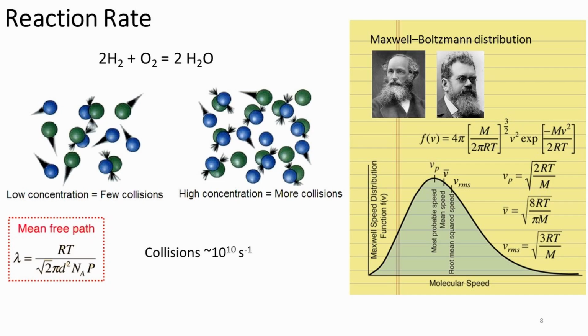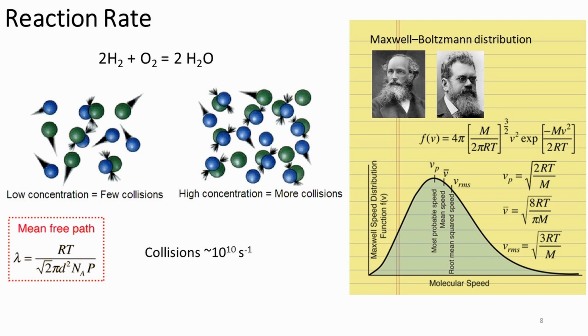Summarizing this atomic level picture of the reaction process, we can understand that the overall reaction rate should be given by the frequency at which the reactants collide multiplied by the probability that they have sufficient energy to react when they collide.